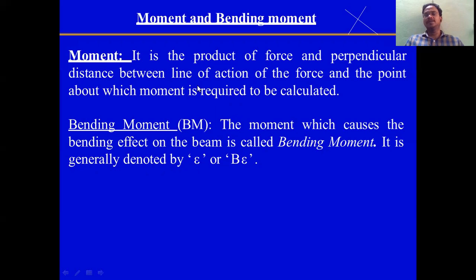So that is moment. When this moment is causing bending, it is called a bending moment. This bending takes place when you hold a member, a beam, firmly and apply some forces, due to which the bending moment acts on the body. Due to these firm supports, it will bend in this direction, or it can be upward or downward.